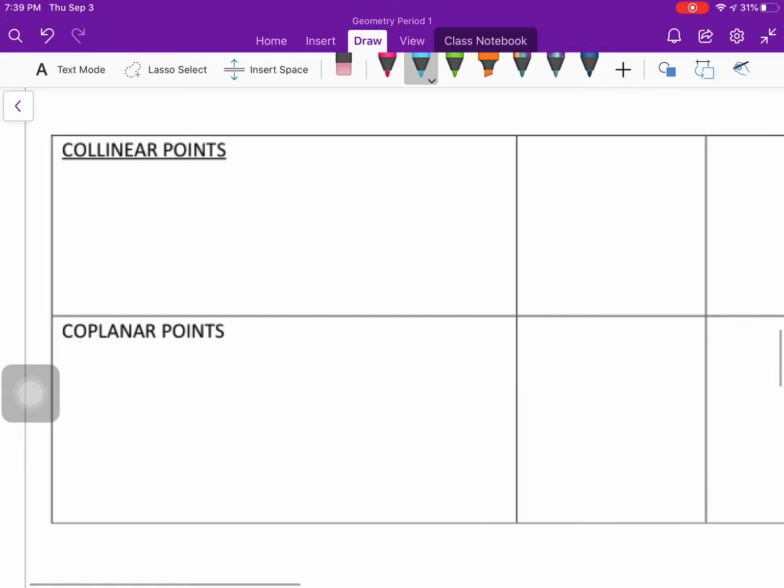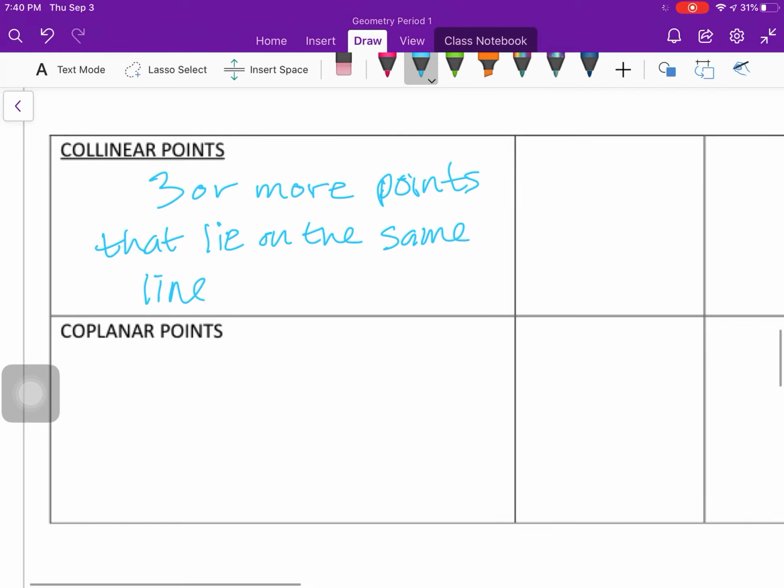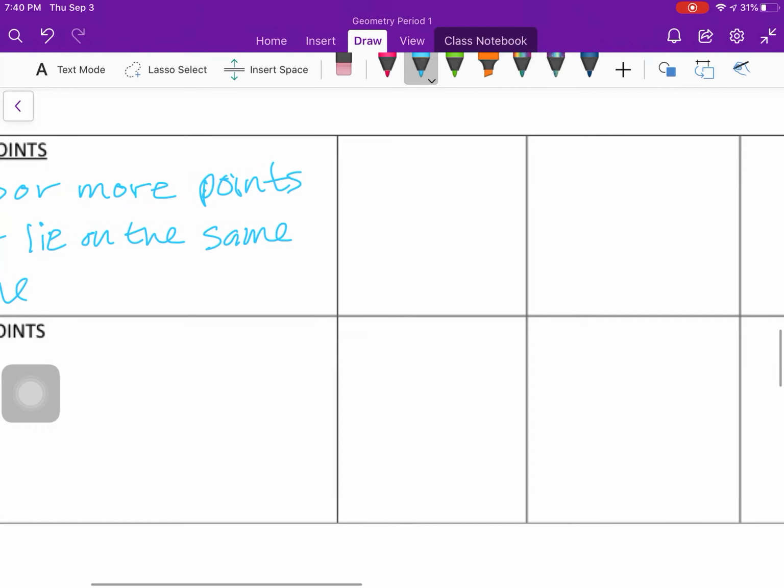Collinear points. Collinear points are 3 or more, so you have to have at least 3 or more points that are on the same line. What is that going to look like? Let's draw a line. Remember, a line goes on forever in both directions.